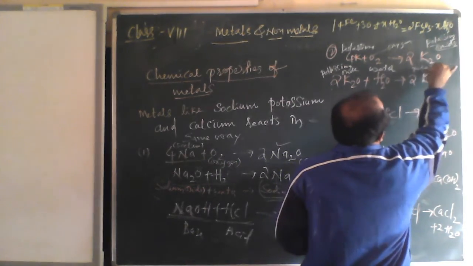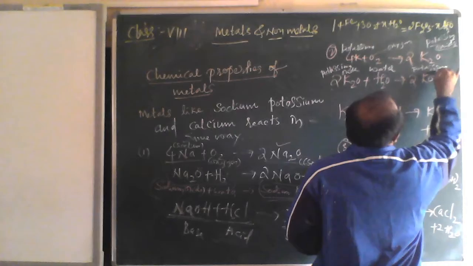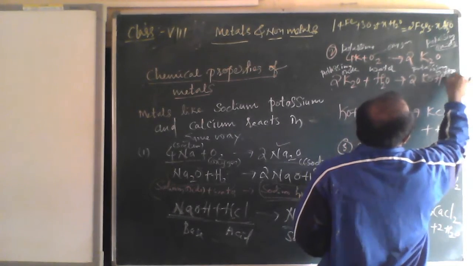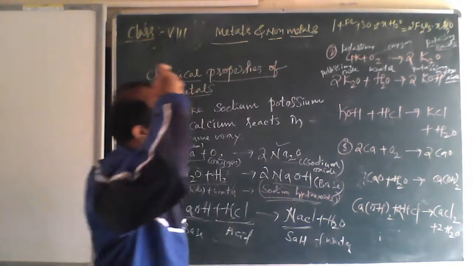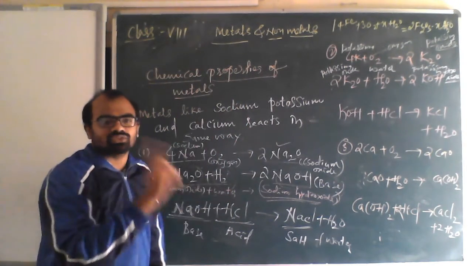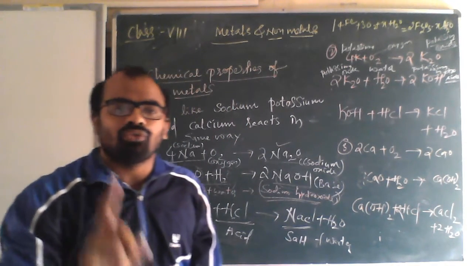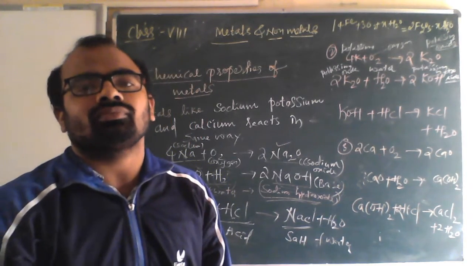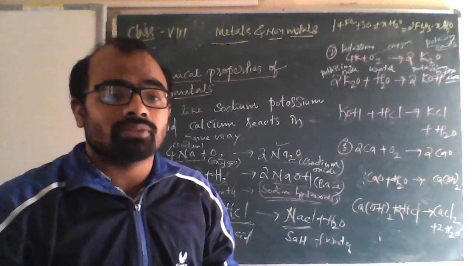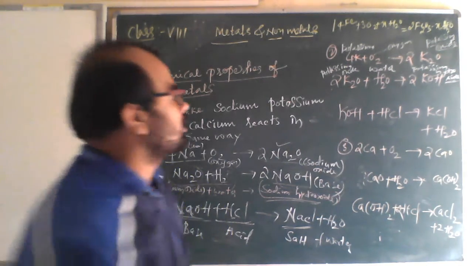Potassium hydroxide. Remember this. Potassium oxide reacts with water to form potassium hydroxide. Potassium hydroxide is a base.